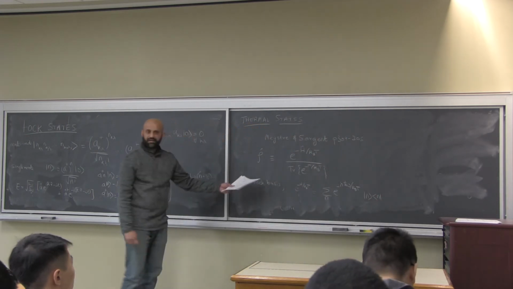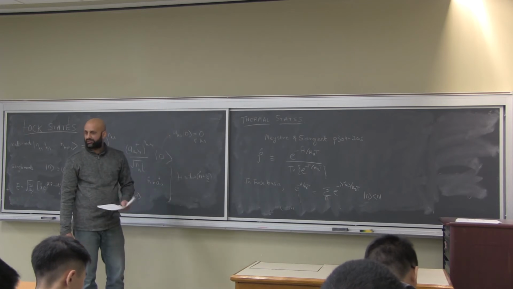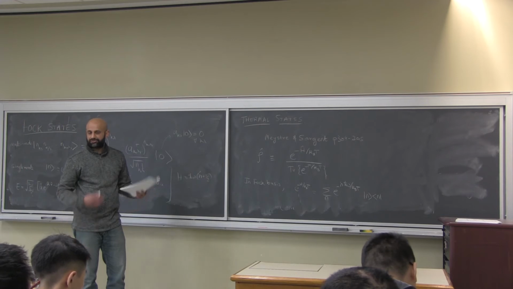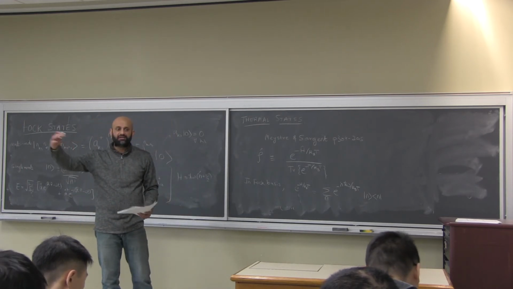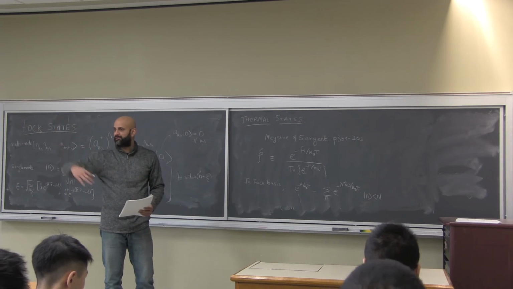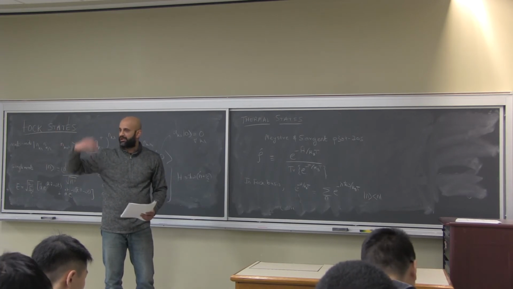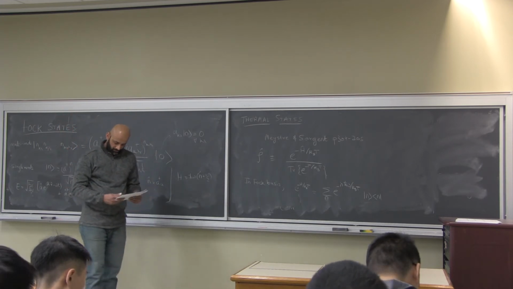Right? So this is a matrix, and this matrix essentially on the diagonals has e to the minus n h bar omega over kBT, which looks just like what you'd expect from a Boltzmann distribution. Each state has a probability to be populated, and the probability to be in that particular state is simply e to the minus the energy divided by kBT. Okay?